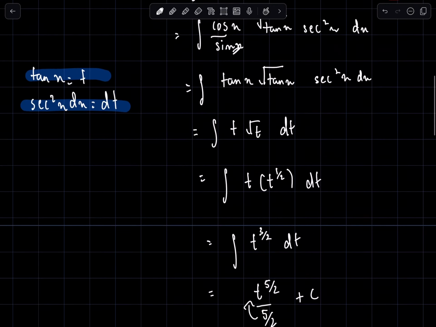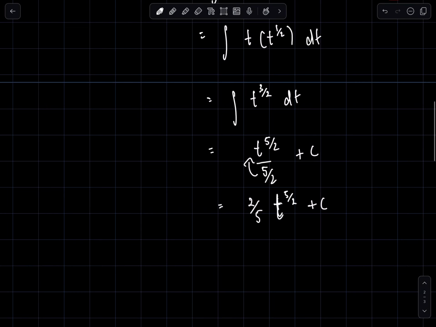So substitute for t. What is t? Tan x, which is equal to 2 by 5 tan x raised to the power 5 by 2 plus c. That's it. As simple as that. So this was question number 34. Hopefully this was correct.